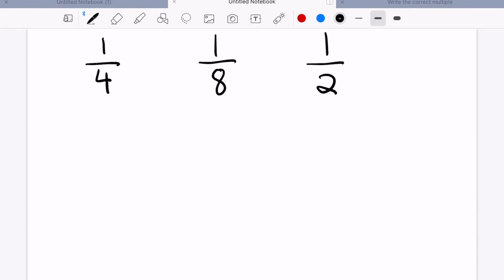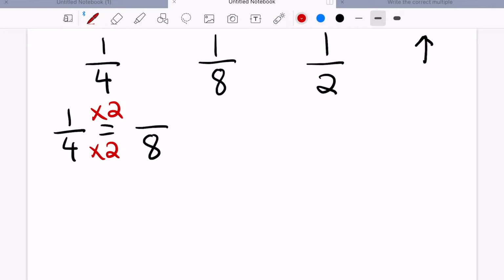We want to put it in ascending order. So we want to put it going smallest to biggest, going up. So let's turn 1/4 into eighths. 1/4 into something over 8. What do we have to do? Times 2, times 2. So 1/4 turns into 2/8.